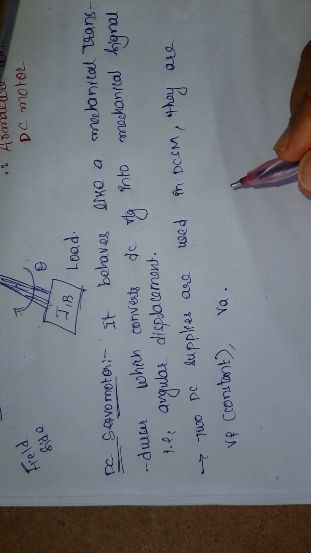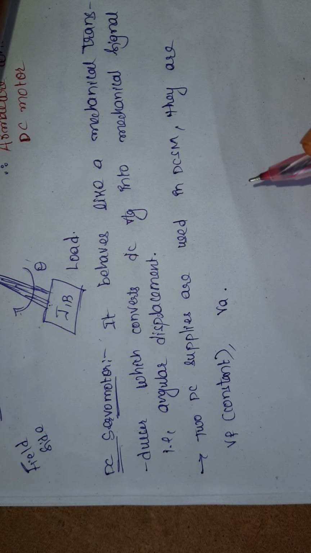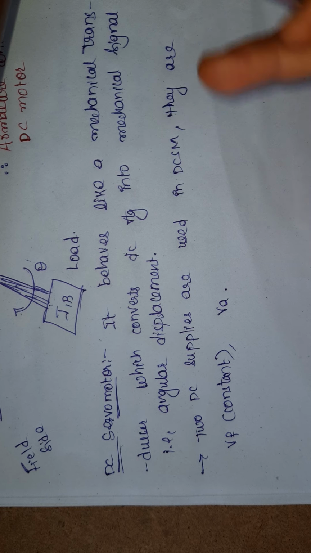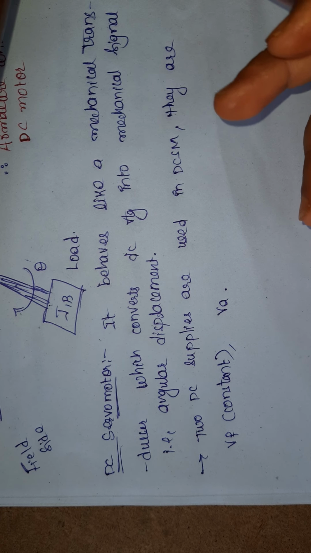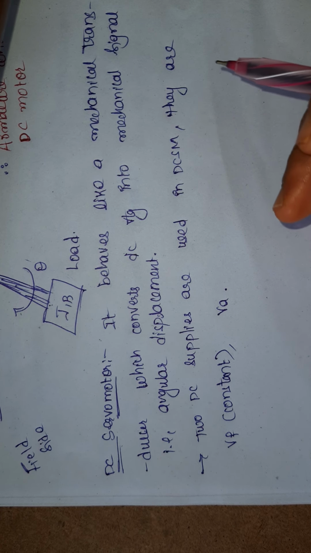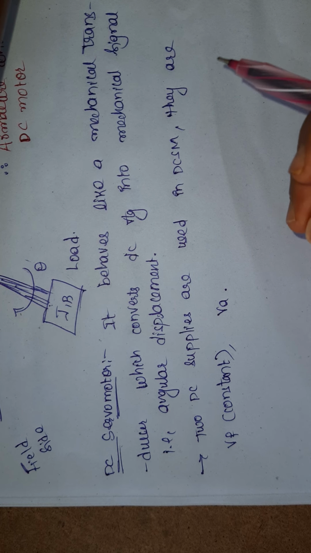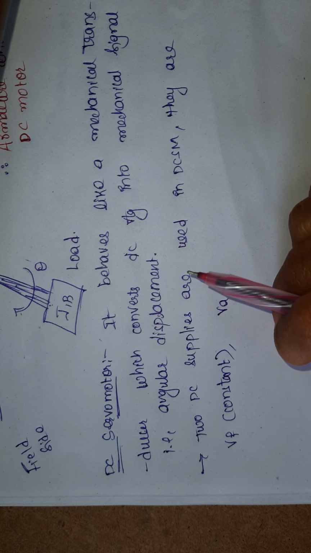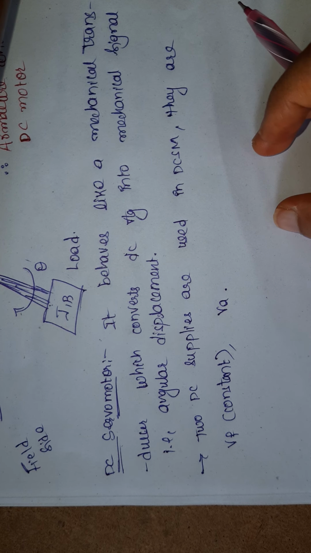Generally the DC servo motors always have separate DC supplies for field and armature windings. To control the speed of the servo motor, we have to control either field current IF or armature current IA.